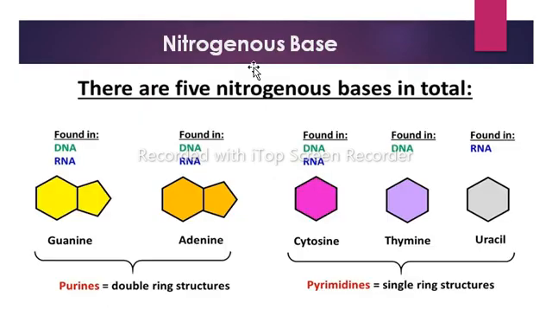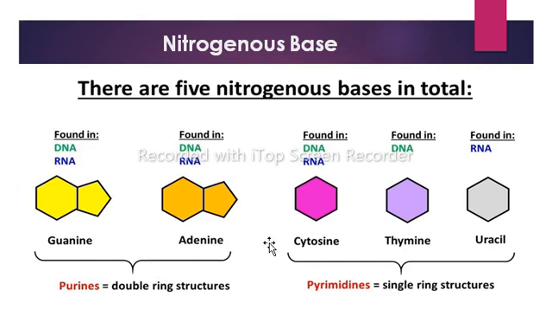Next is nitrogenous base. Nitrogenous bases are purines and pyrimidines, where the purines have a double ring structure, that is guanine and adenine. These are found in both DNA and RNA. Minor purines are xanthine and hypoxanthine, which are not mentioned here.